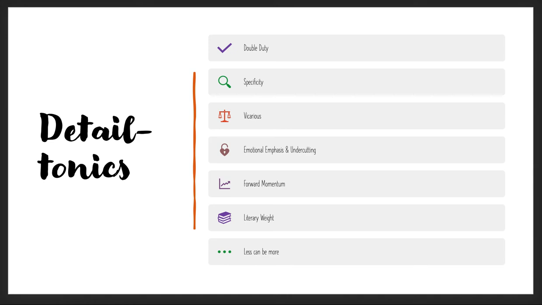Also, it's important to test the forward momentum of the story. The second version of this moment for Eli is much longer and would delay the forward momentum of the story, which relates directly to the concept of literary weight. Literary weight is the amount of emphasis placed on an element in fiction or poetry or nonfiction through the amount of details used to describe it.